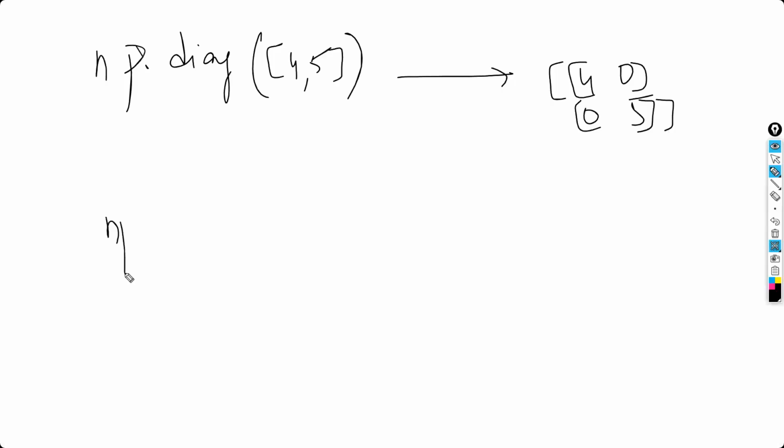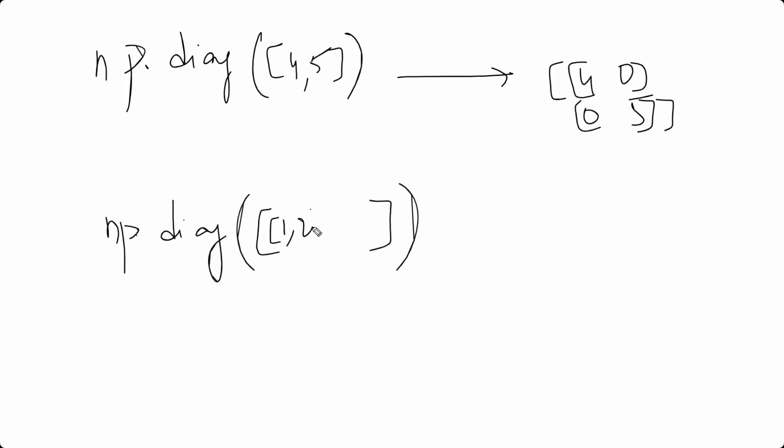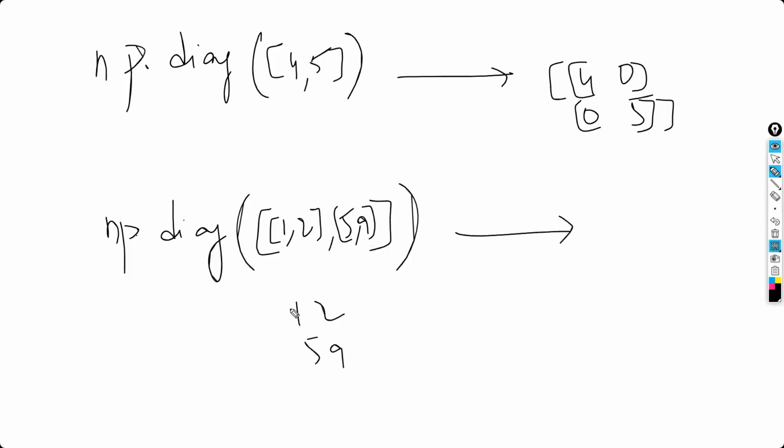Now, if I take np.diag of, internally I'm going to take 2D. 1, 2, 5, 9. I'm giving the 2D as the internal input. What is 2D here? 1, 2, 5, 9. This I have given as the input. Now what is the output going to be? 1, 9.